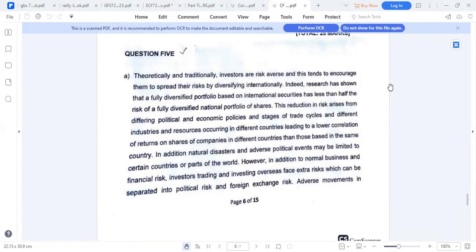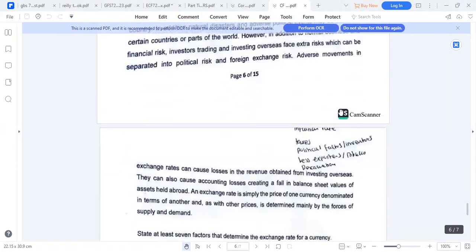However, in addition to normal business and financial risk, investors trading and investing overseas face extra risks, which can be separated into political risk and foreign exchange risk. Adverse movements in exchange rates can cause losses in revenue obtained from investing overseas.